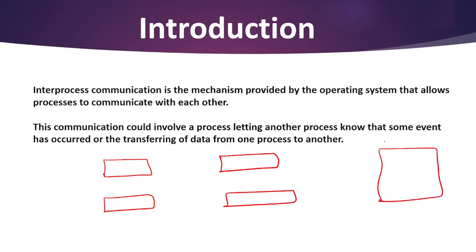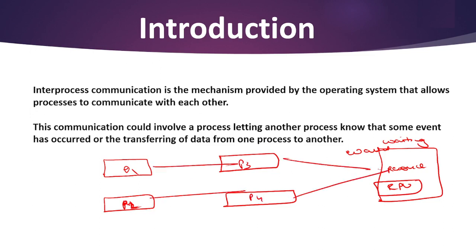All these processes are wanting the common resource, let's say the CPU. You can take any example. These are process P1, process P2, P3 and P4. All these processes are requesting this particular resource.